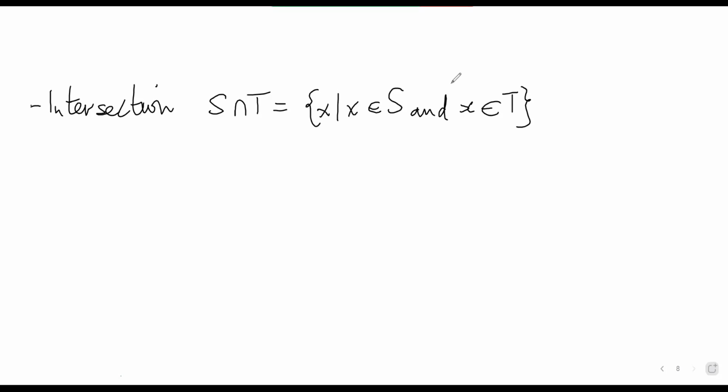We refer to it as the set of elements in S and T. So intersection is, it has to be in S and T. Union is, it has to be in S or T.